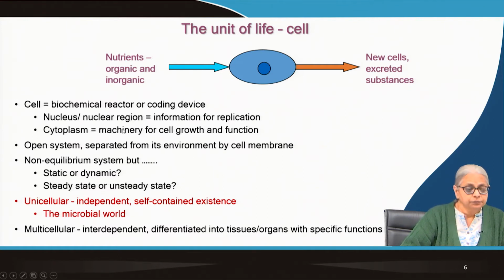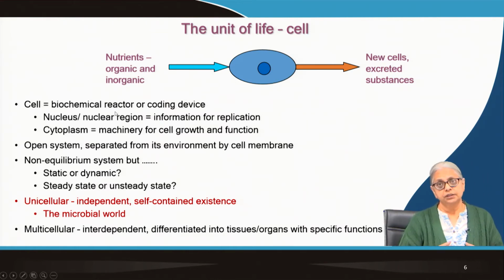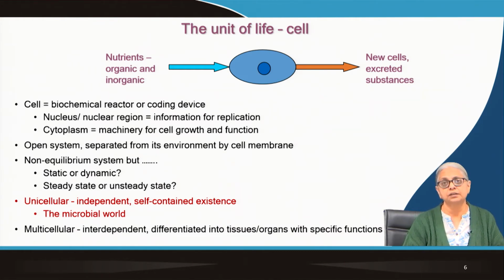So cytoplasm is where you have all the compounds for cell growth and function. What is the nucleus doing? The nucleus contains the DNA, and this DNA is necessary for the cell to create copies of itself, because reproduction means literally they are producing copies of themselves.